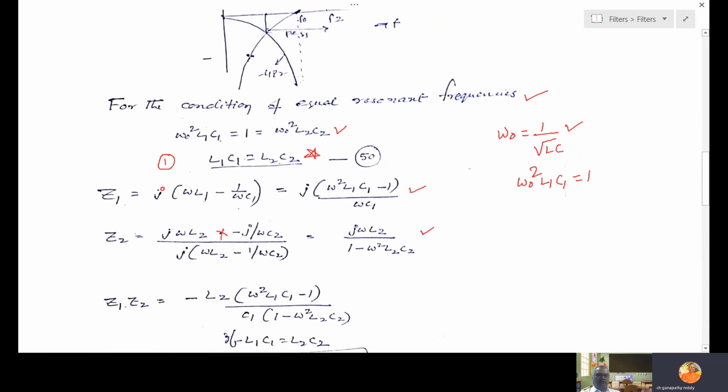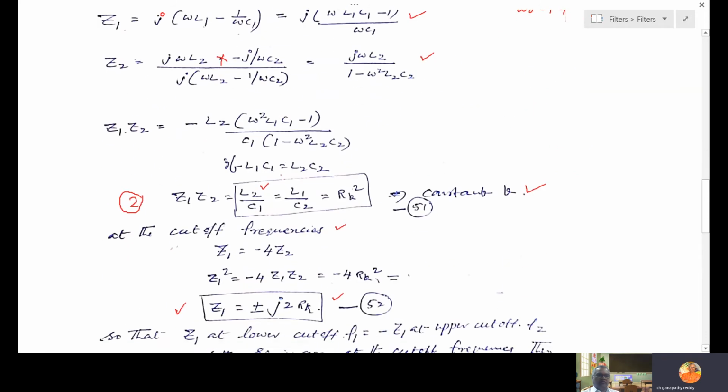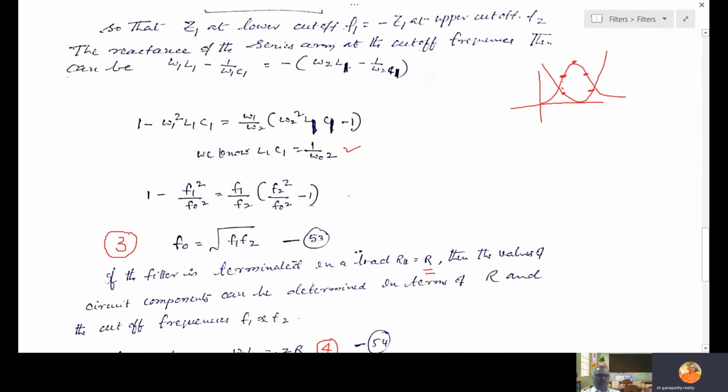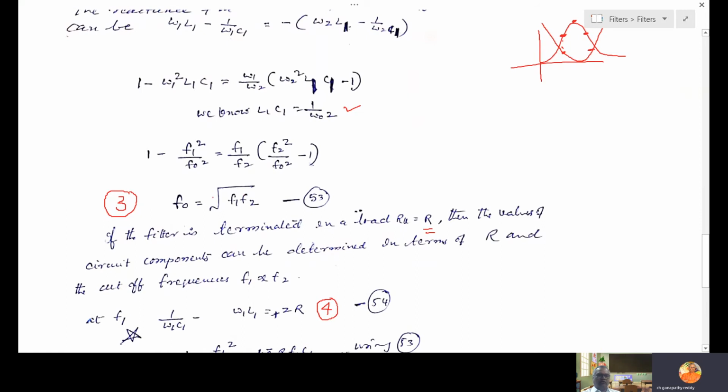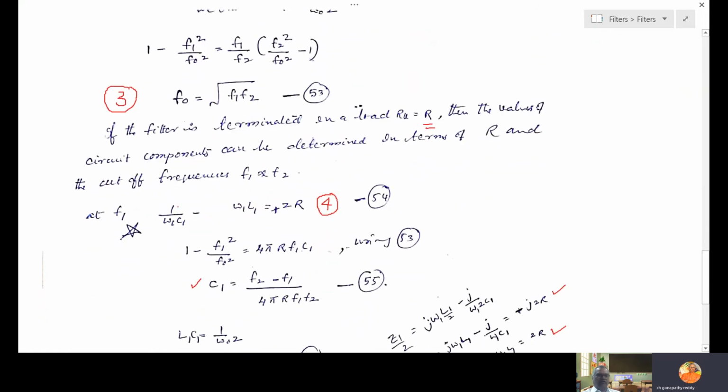L1 C1 equals L2 C2. Second, L2 by C1 equals L1 by C2 equals R K square. Third formula, F naught equals root of F1 F2. Fourth formula, 1 by omega 1 C1 minus omega 1 L1 equals plus 2R.